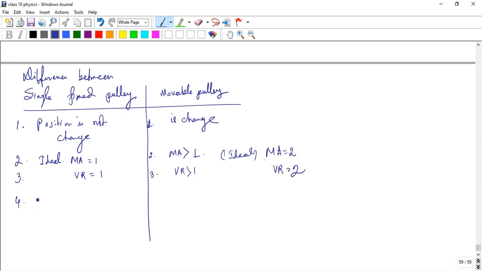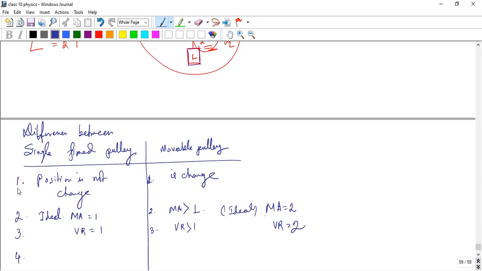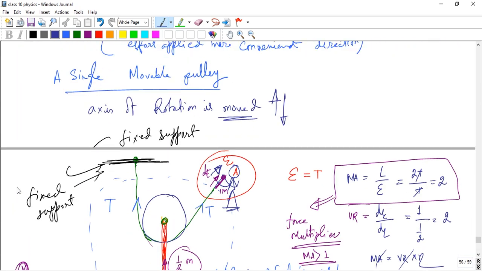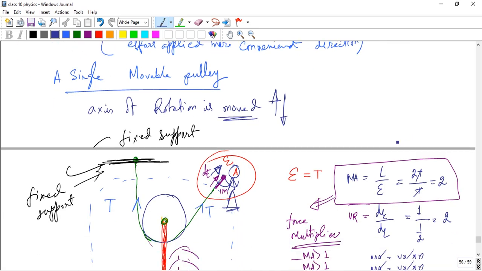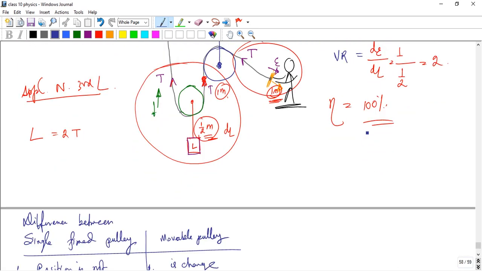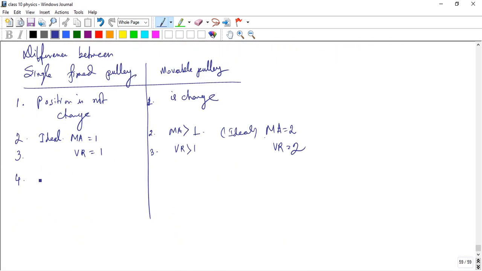Number 4 is the direction. In the single fixed pulley, the direction of effort changes from upward to downward, so effort is applied in the up to down direction.